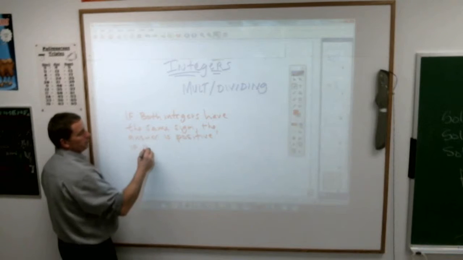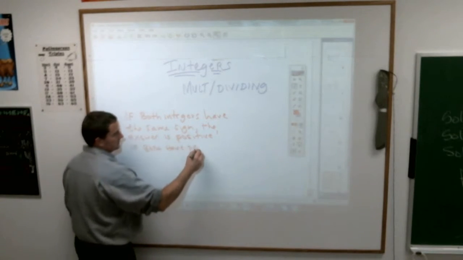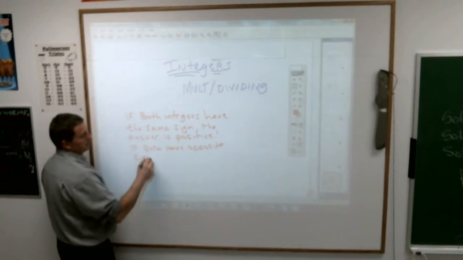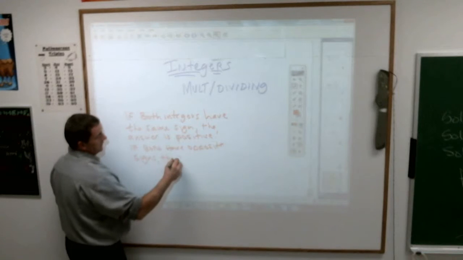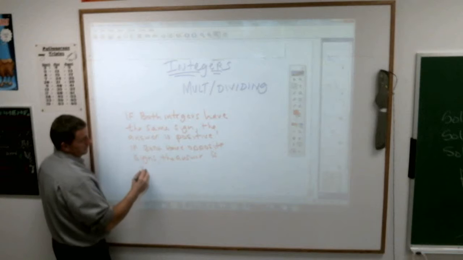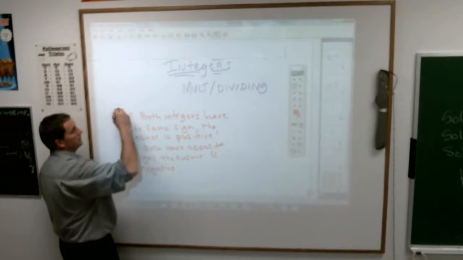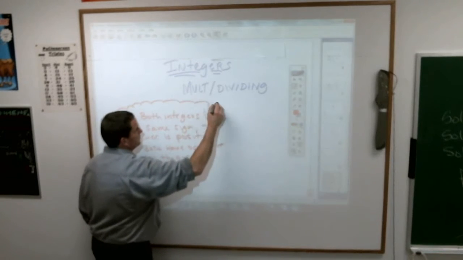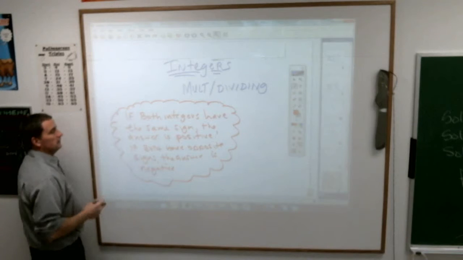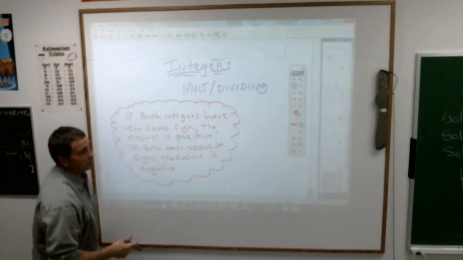If both have opposite signs, the answer is negative. The simple rule of both multiplying and dividing integers. It's a simple, easy rule.